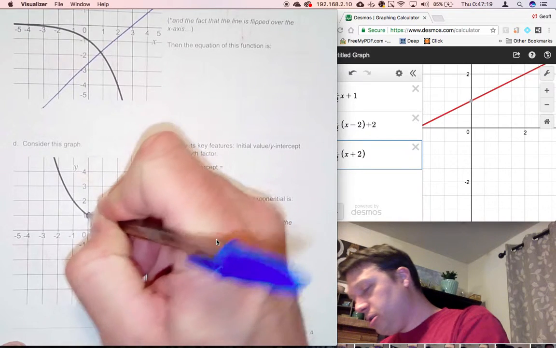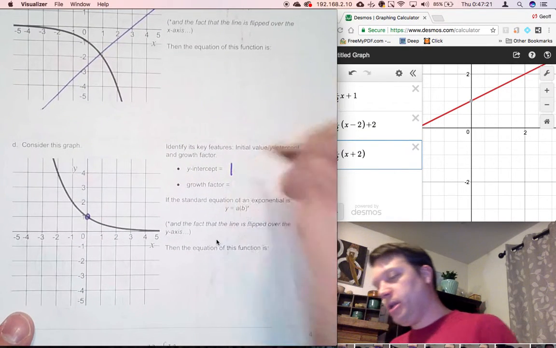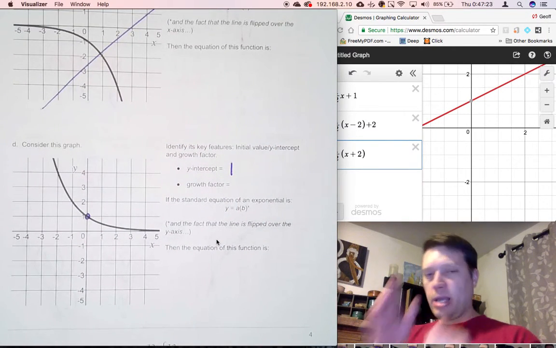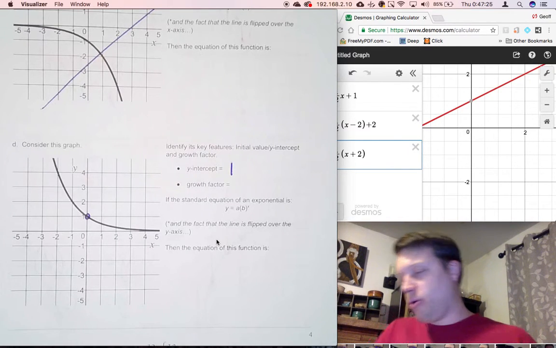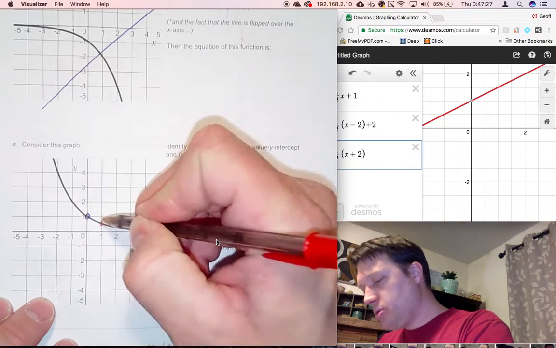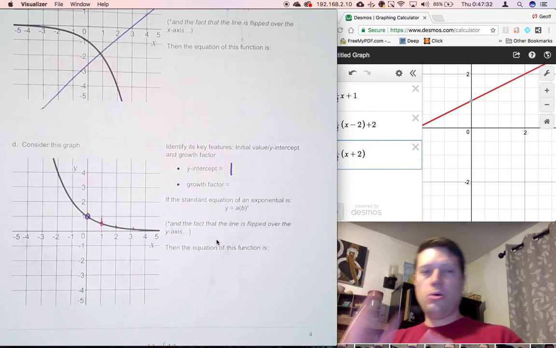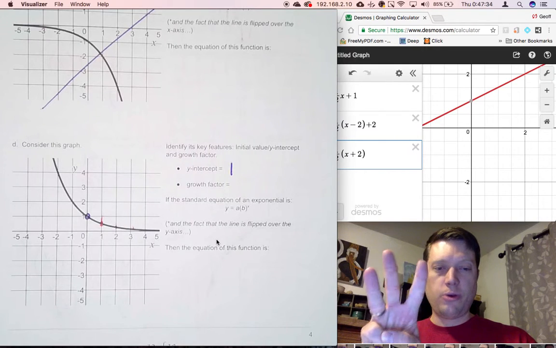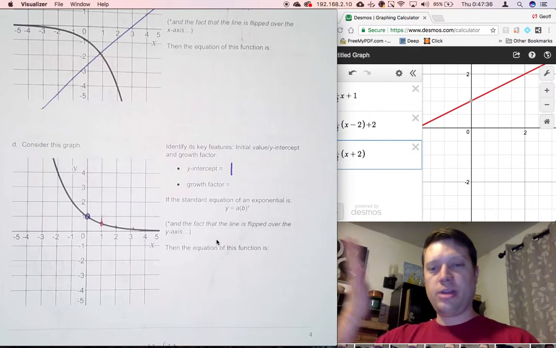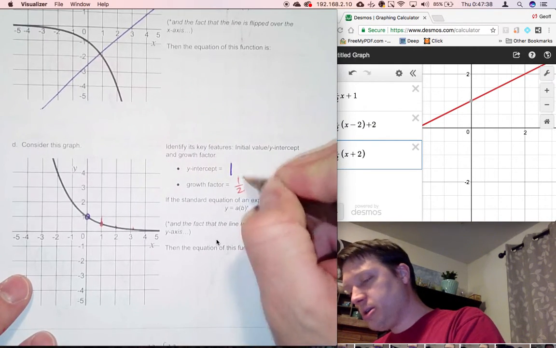The initial is 1. Now, again, going along the positive 1, 2, 3, 4, we're going from 1 to a half to a fourth to an eighth. You're cutting everything in half. The growth factor is 1/2.